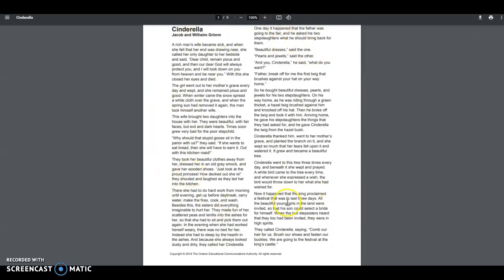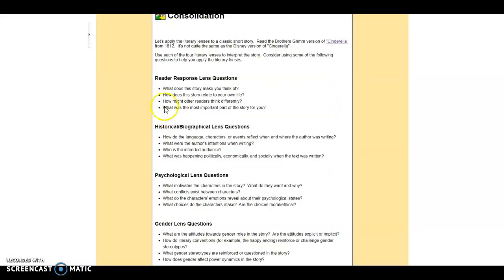And so I'd like you to read through what many people would consider the original Cinderella fairy tale story. Again, it will not be the same. It'll be a little bit more violent and a little bit more graphic, maybe, than the typical Disney versions of Cinderella. But I'd like you to look at this version of Cinderella and then consider questions that relate to each of the 4 literary lenses.